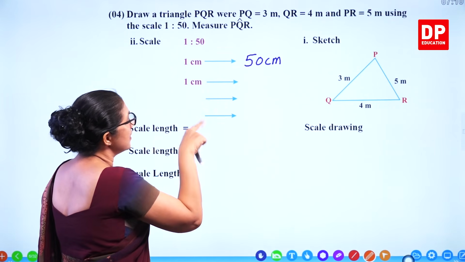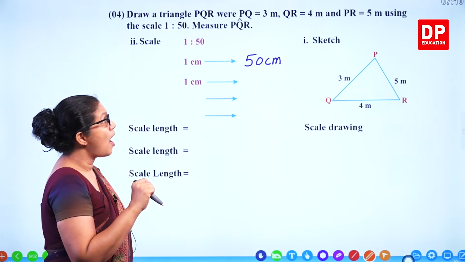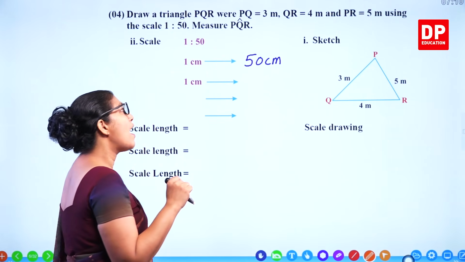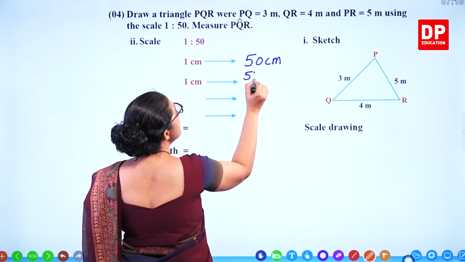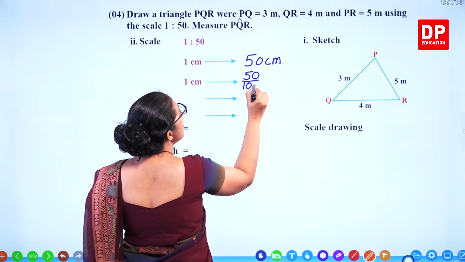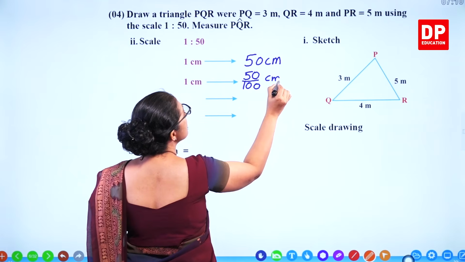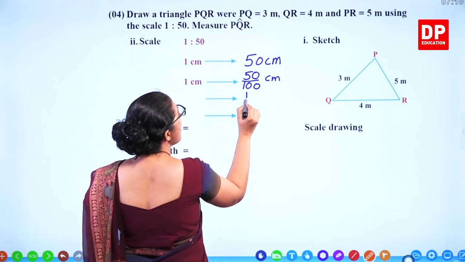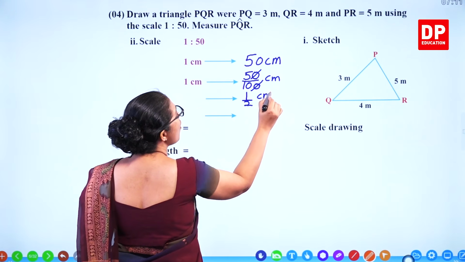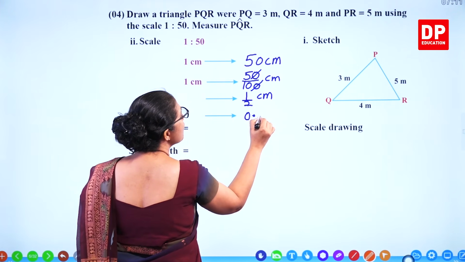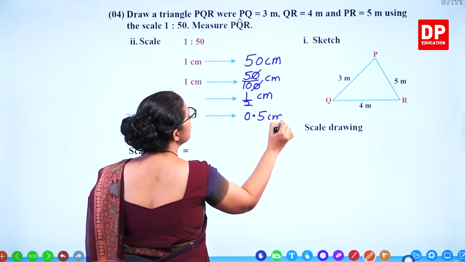So we'll take how many meters? Divide by 100. When you divide by 100, you get a fraction, or you can write half centimeters here. You get half centimeters or 0.5 centimeters you can write.